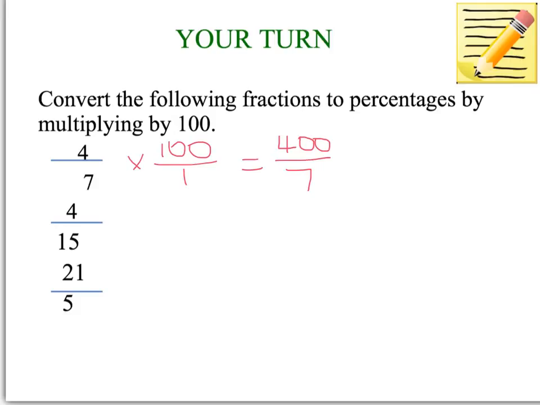So you need to divide 400 by 7 to work out what it would be. So it's actually 57 with 1 left over. So 57 and 1/7%.